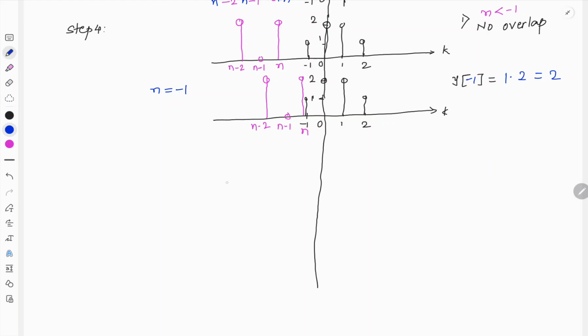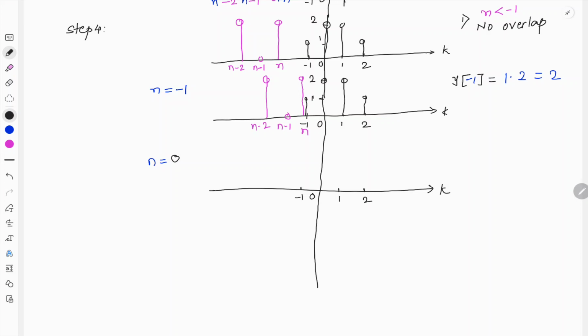Now in the next step we have to shift n towards the right hand side again. So in this case this n will be shifted to 0, and for this case n becomes 0, and now we are going to draw these overlapping signals. So minus 1, 0, 1 and 2.